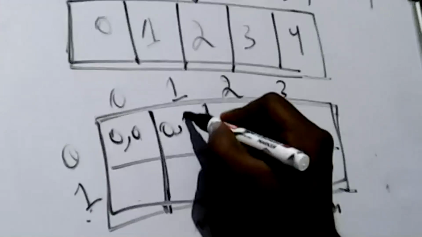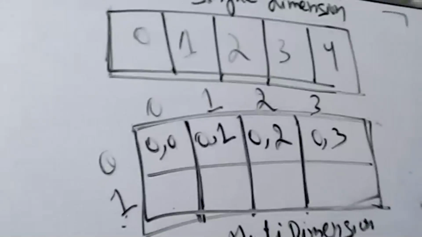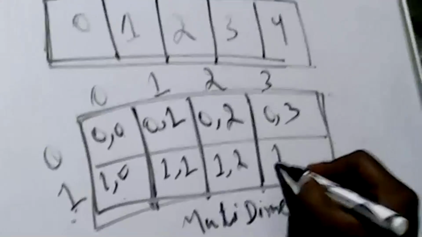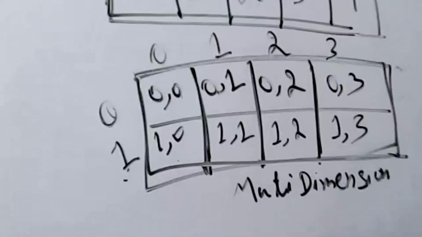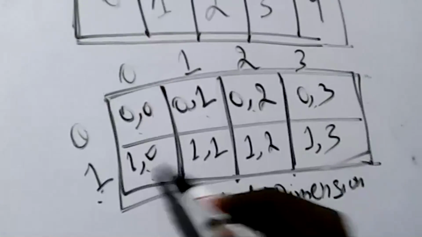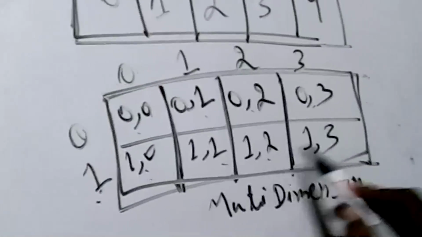This position is 0, 1, this is 0, 2, and this is 0, 3. Here it is 1, 0, 1, 1, 1, 2, then 1, 3. It is called a multi-dimension array. So 0, 0, 0, 1, 0, 2, 0, 3, 1, 0, 1, 1, 1, 2, 1, 3.